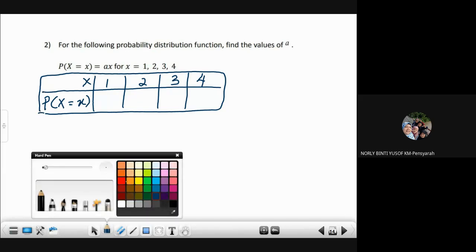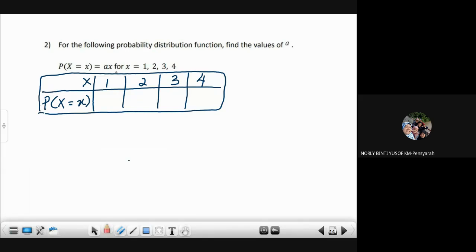Okay, kalau masukkan untuk 1, you sub x = 1, you dapat A lah. Okay, and then you masuk 2, you dapat 2A. You sub the value of x in the function AX. And then 3 pun sama, 3A, 4, 4A. Sub inside the function probability for AX.